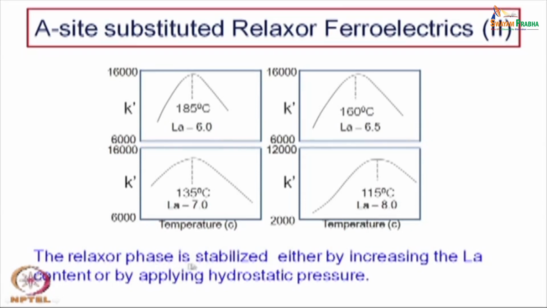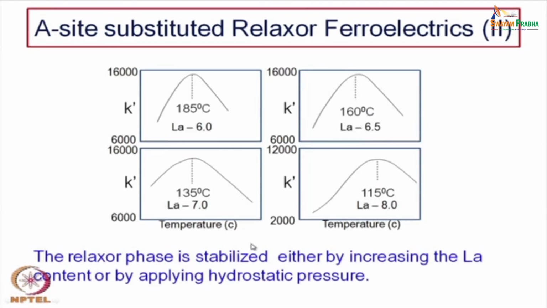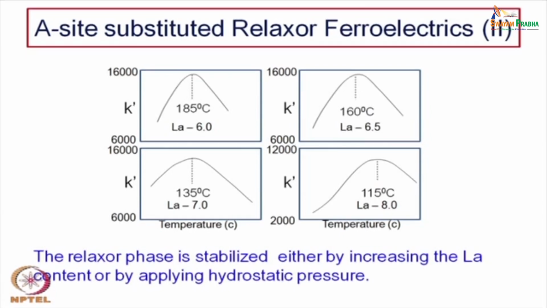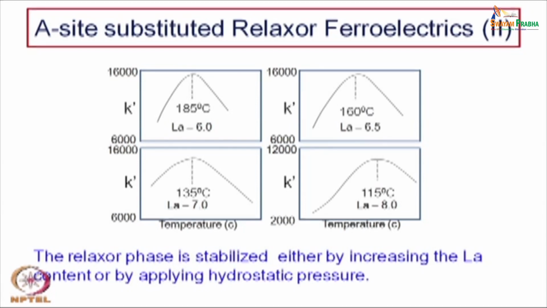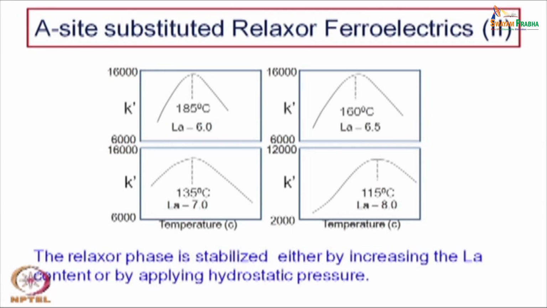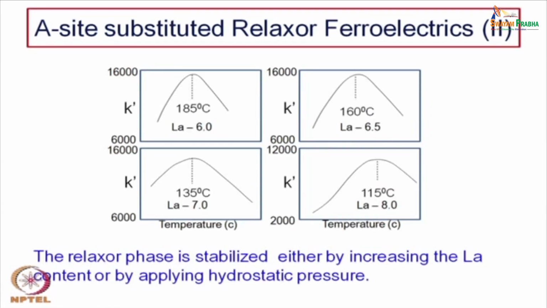So, this is what happens, that means as such PZT, as such lead zirconate titanate is not a relaxor dielectric or relaxor ferroelectric, it is a normal ferroelectric, but as you dope lanthanum or substitute part of lead with lanthanum, it becomes a relaxor ferroelectric.